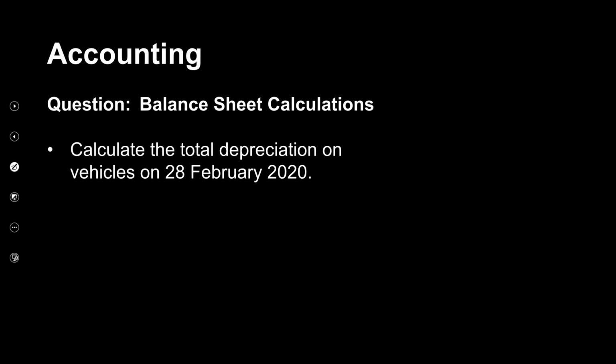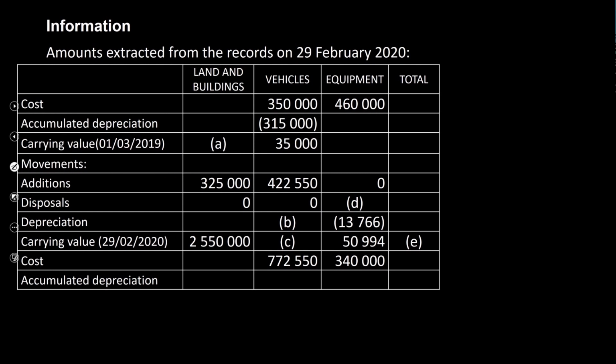Now we are asked to calculate the depreciation of vehicles on the 28th of February 2020, the total depreciation. Okay, what do we know? Clearly we can see that we have vehicles, the cost price of which is 350,000, right? You have an accumulated depreciation of 315,000, therefore giving you a carrying value at the beginning of the year of 35,000 Rand.